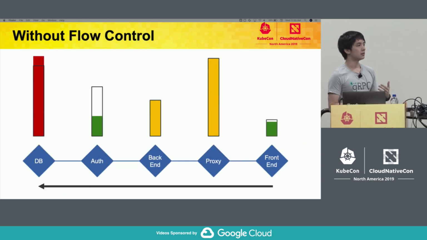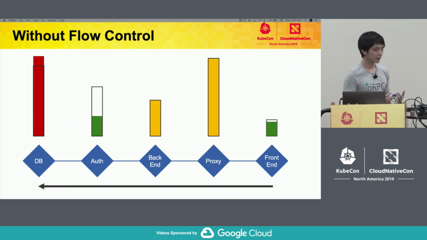So let's take another look at flow control. Imagine you have a sequence of services. If you don't turn on flow control, all the services are sending at full capacity, ignoring the fact that the downstream service may not be capable of handling all of it. You may say, okay, then let's put flow control on some of the critical nodes.